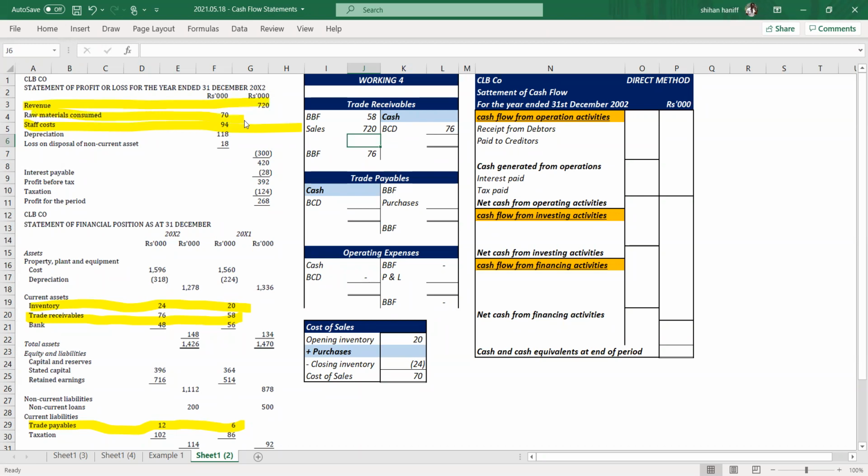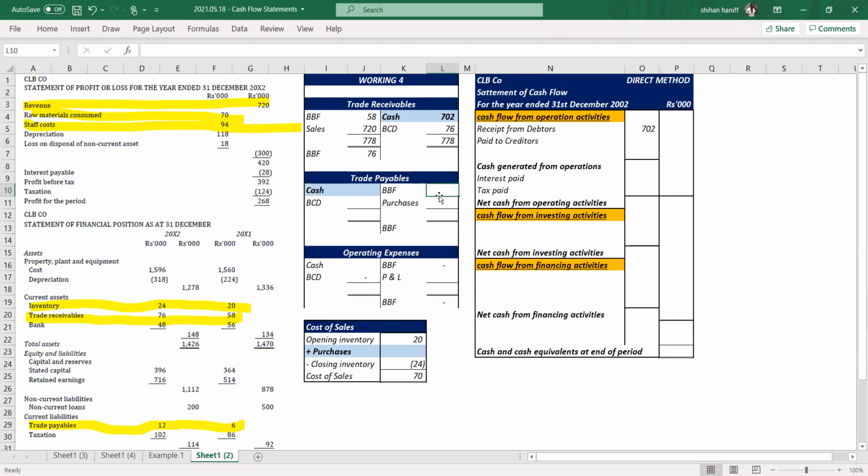Raw material consumed is the cost of sales. So cash received from trade receivables is 702. That's the amount received from debtors.